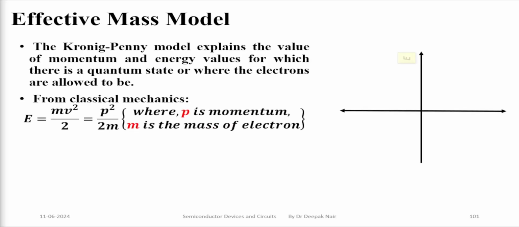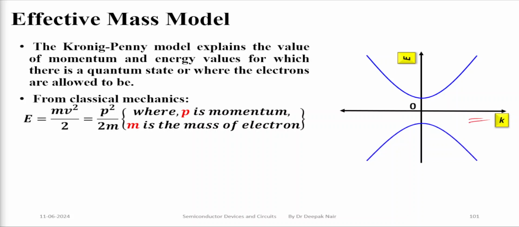If you recall, we had this Kronig-Penney model where on the x-axis we have the wave number represented by k, and on the y-axis we have the energy, which is represented by E. If we take the help of classical mechanics, then we know that energy is given by mv square upon 2, which is the kinetic energy.